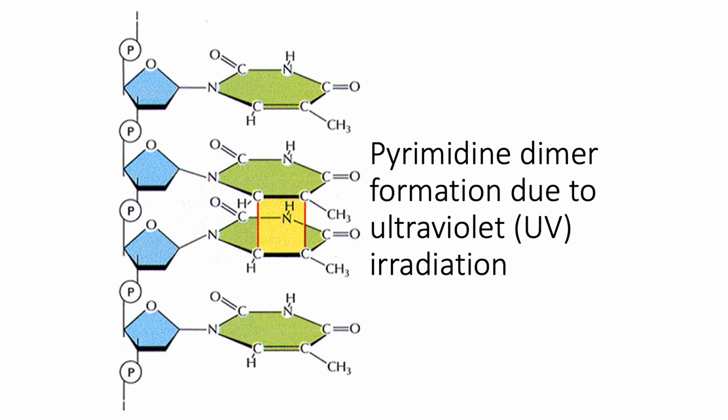And this can, of course, be repaired, but it will disrupt expression. And I'm not sure what happens if you try to replicate through there, but it will certainly disrupt expression or transcription through that gene.